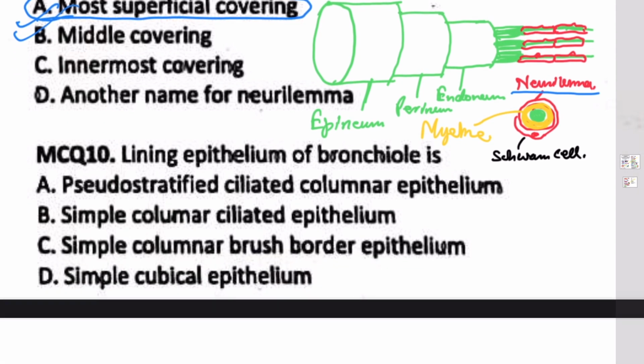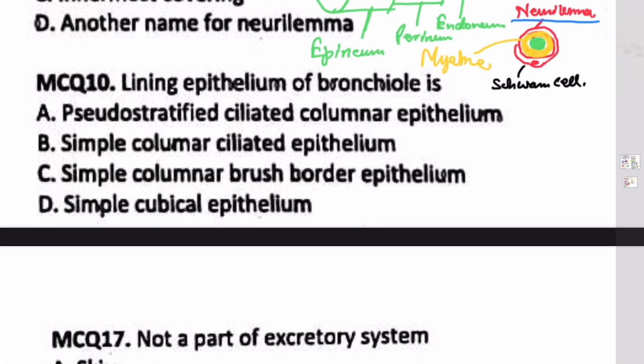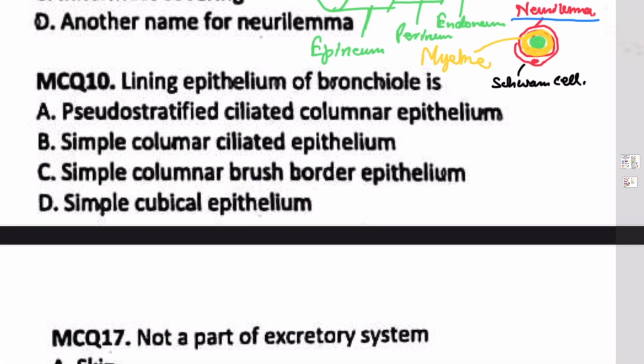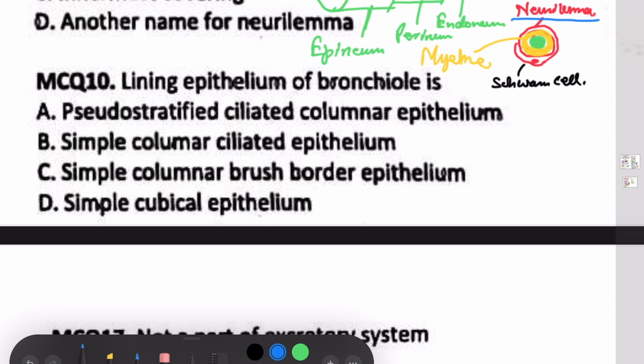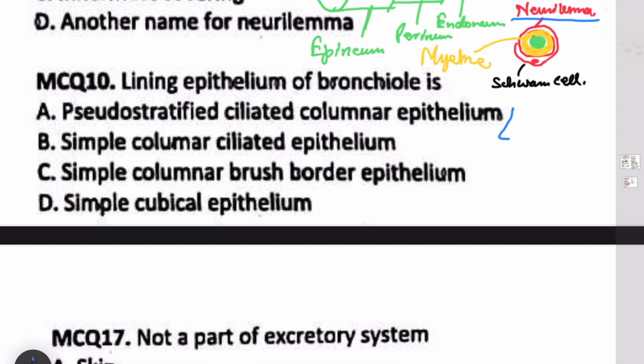Then question number 10. Lining epithelium of bronchiole is. So remember the differences between bronchus and bronchiole. This is the conductive airway passage, right from the nostrils.